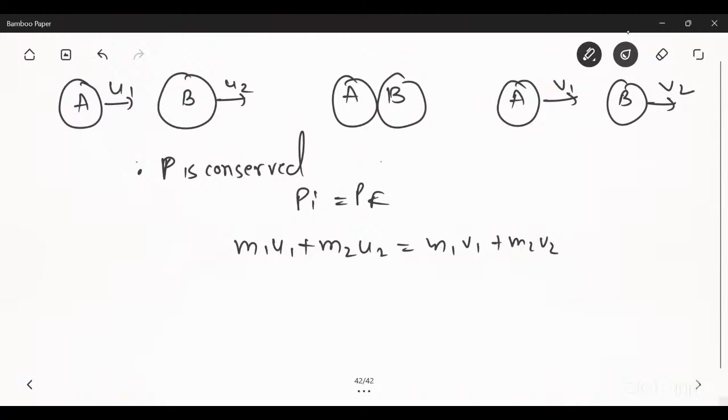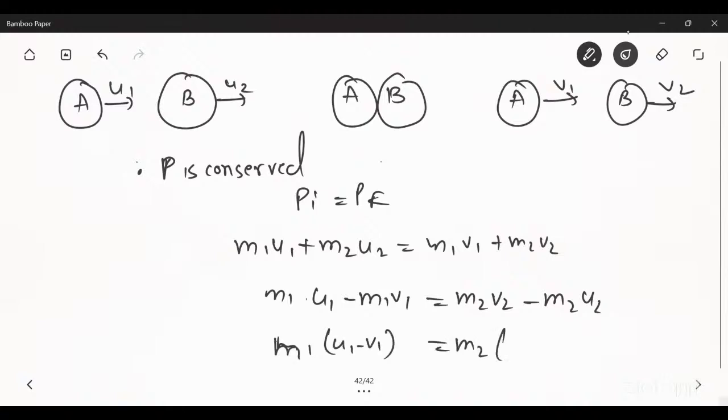Now take one term to each side: m1 u1 minus m1 v1 equals m2 v2 minus m2 u2. Taking m1 and m2 common, we get m1 (u1 minus v1) equals m2 (v2 minus u2). That is equation first.